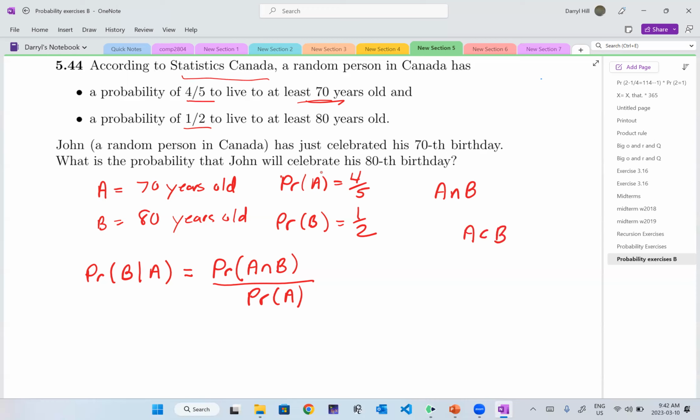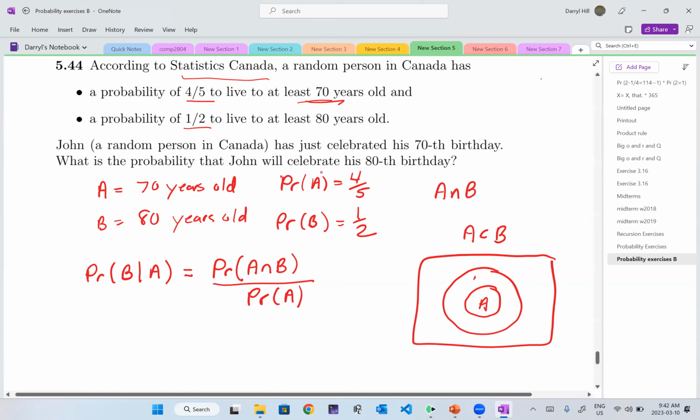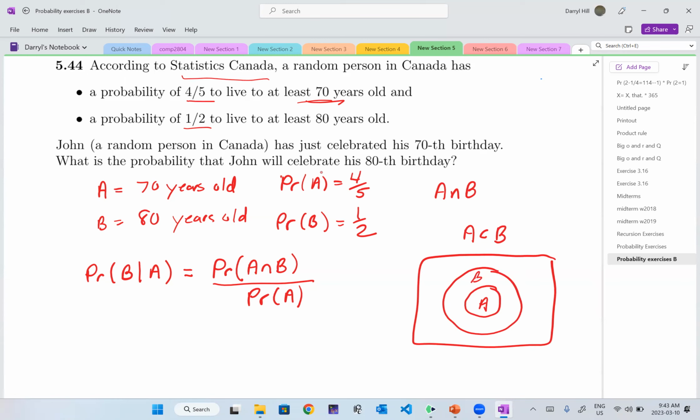So if I draw this in a Venn diagram, I have a set B and I have a set A. So B intersect A is what? Yeah, it's simply A, right? B intersect A is just A.